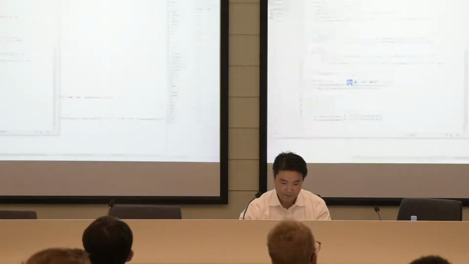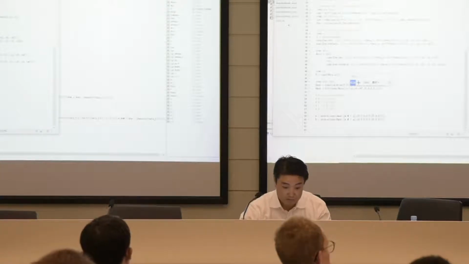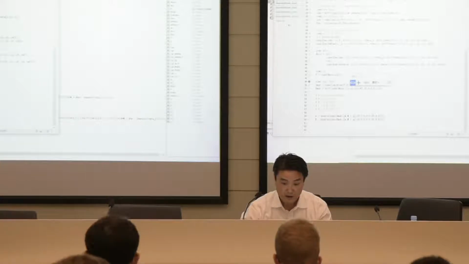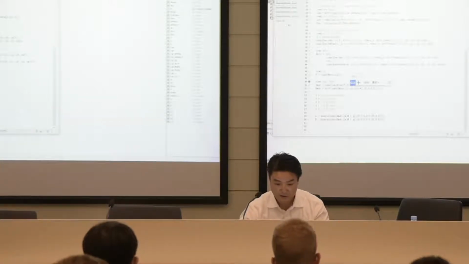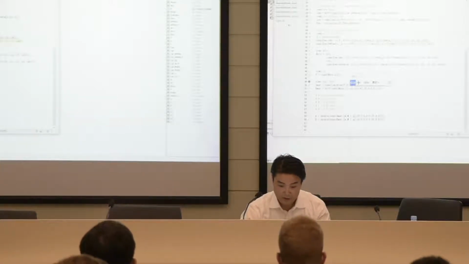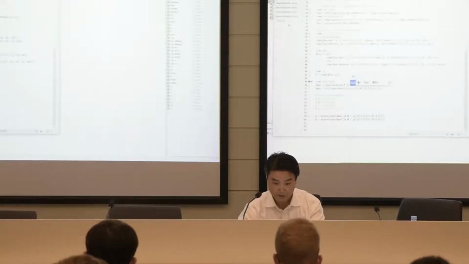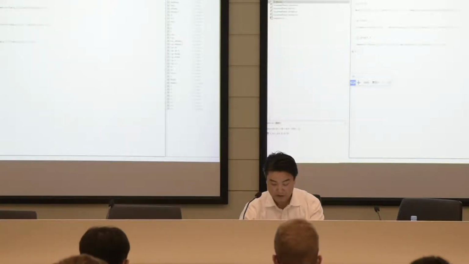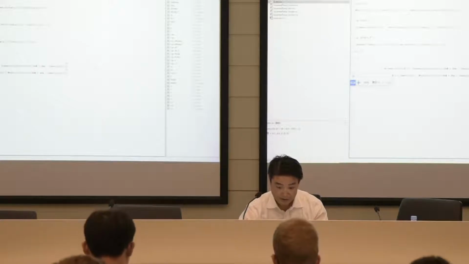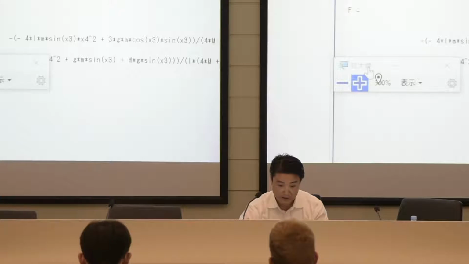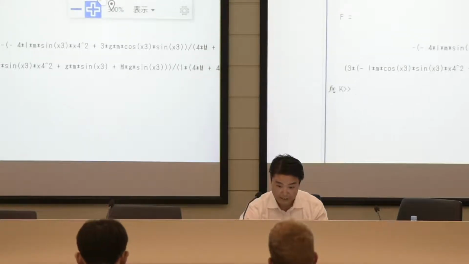Okay, for example, up to here, try to run, and then you get this F, showing the vector, which will be the right-hand side of your system.